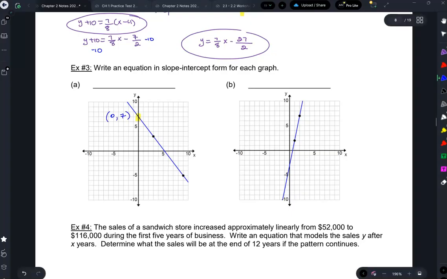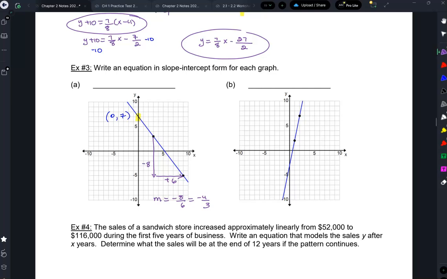Okay, for the slope, look, I go down how many points from 1 point to the other point? How much did I go down? 8. So that's negative 8 because I went down. And then how much did I go over? 6. That's positive 6. So the slope is negative 8 over 6, negative 4 over 3.